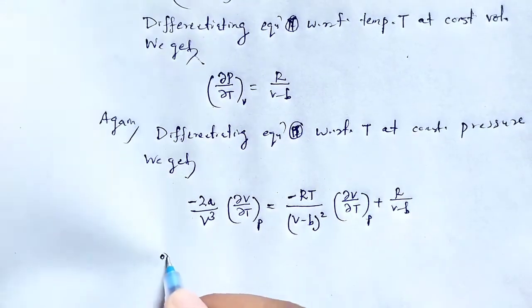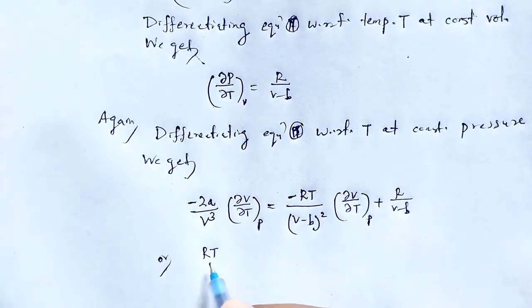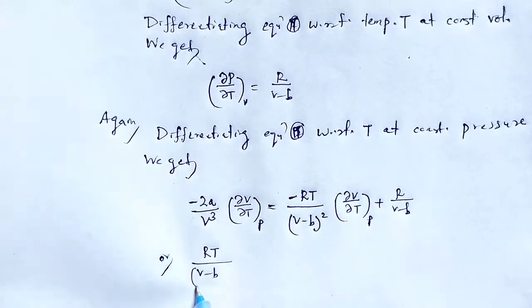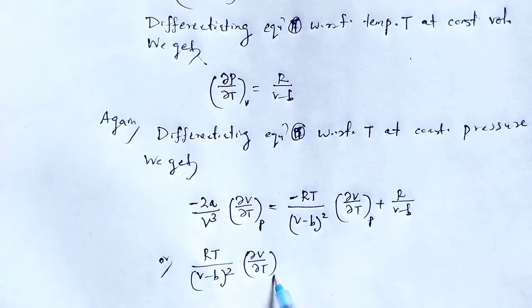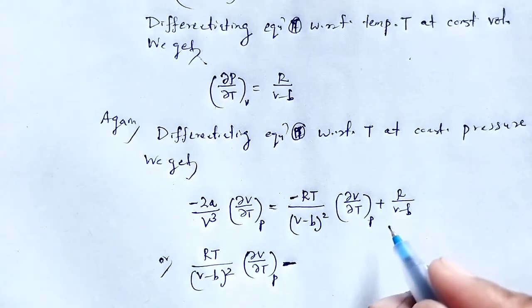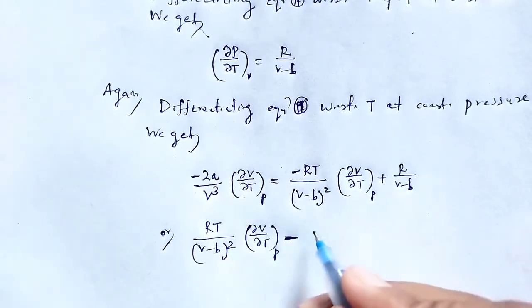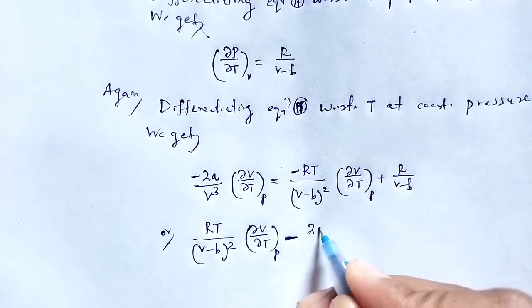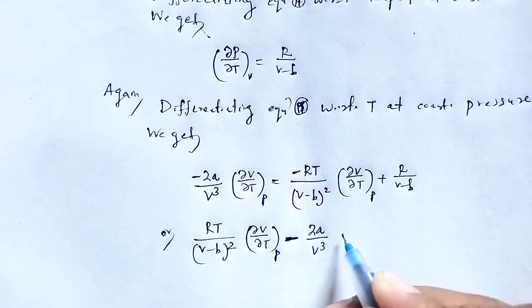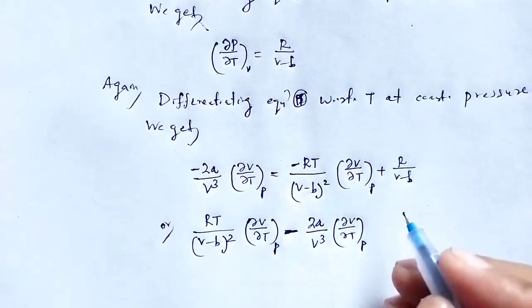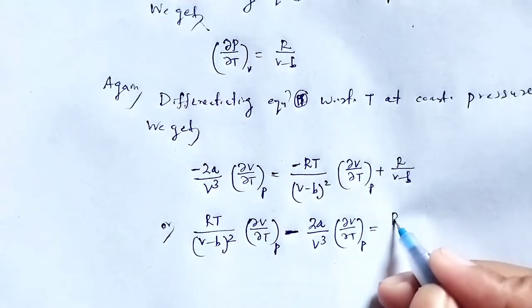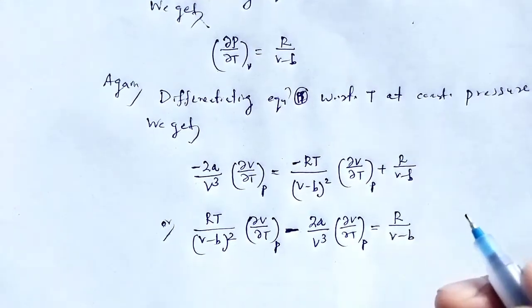Now, RT divided by V minus b whole square del V by del T at constant pressure minus 2a divided by V cube del V by del T at constant pressure, again that term R divided by V minus b.